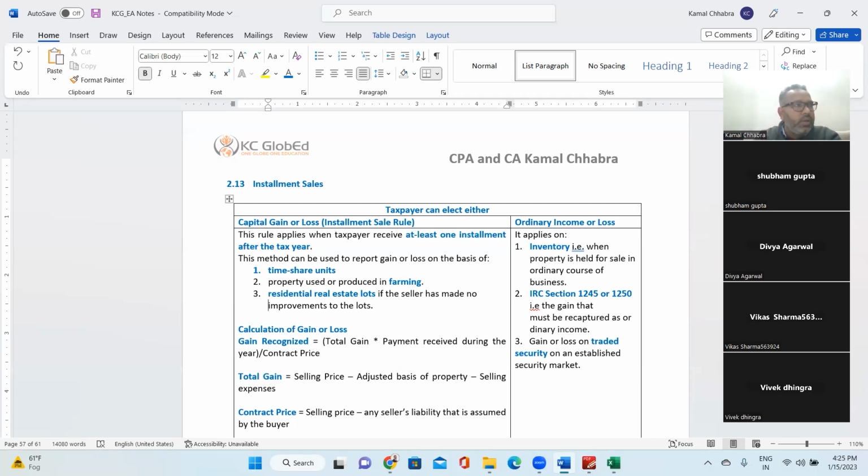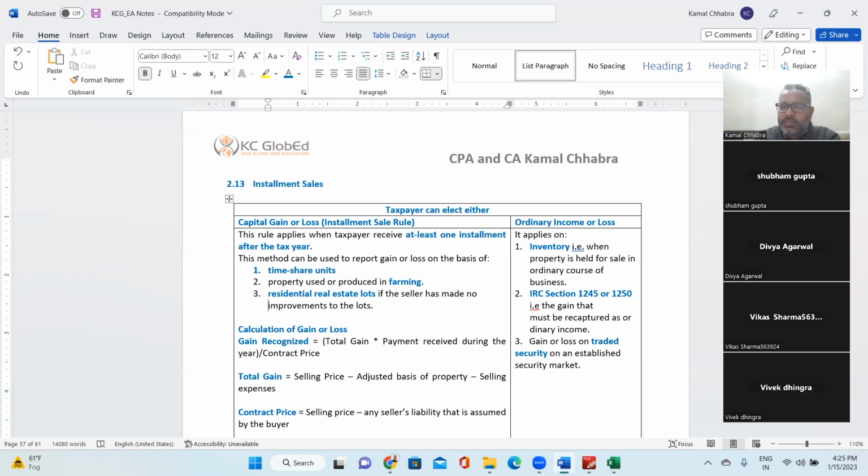So when you are producing, let's assume, for example, if I say a timeshare unit, it is basically when a financing option is involved.